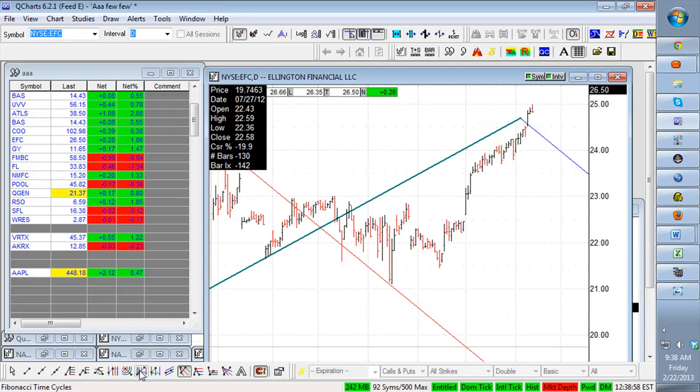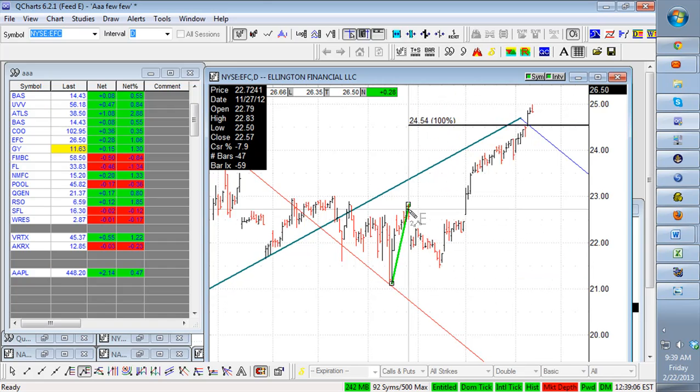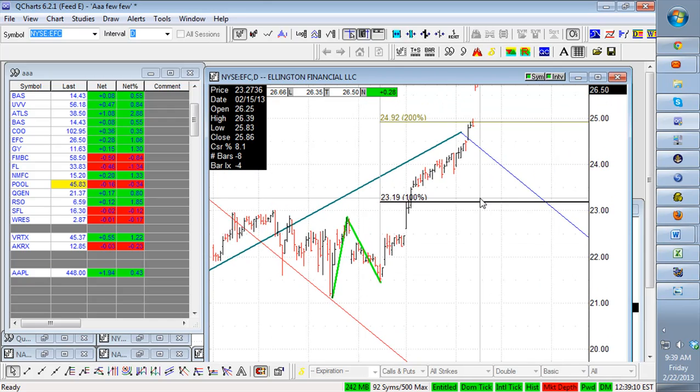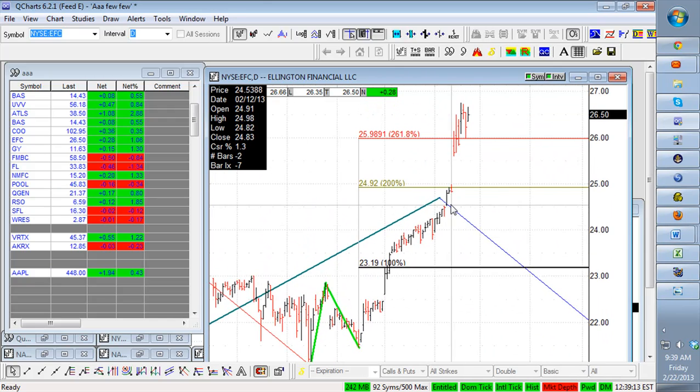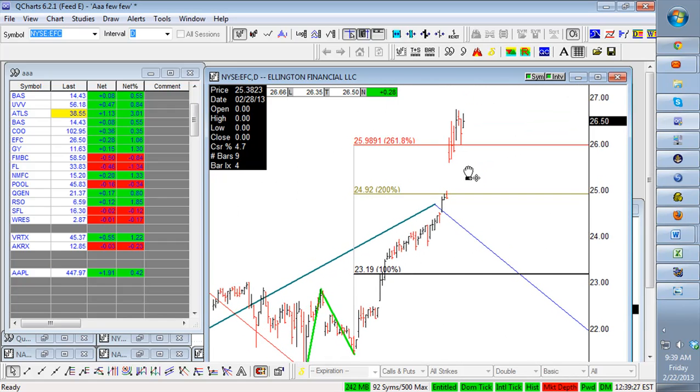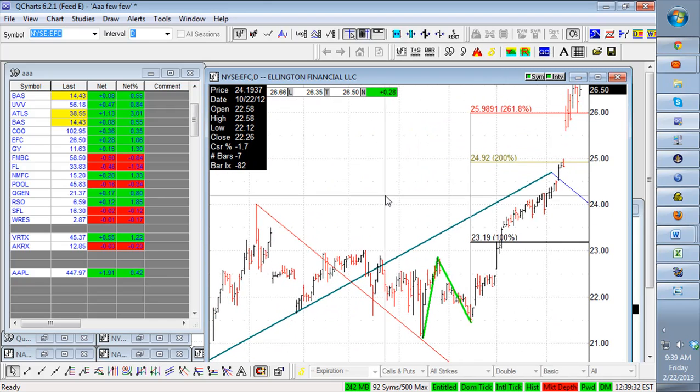Let's take a look at, okay, there it made it past. Okay, so it made it past the 100% point, and then obviously did make it past the 200% point and went beyond. Okay, so that's a simple way of projecting, right?